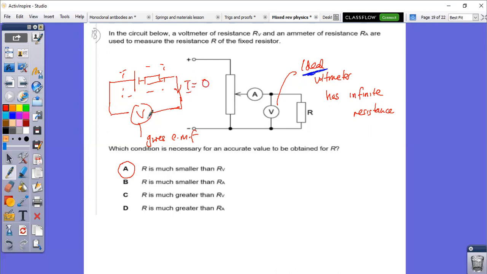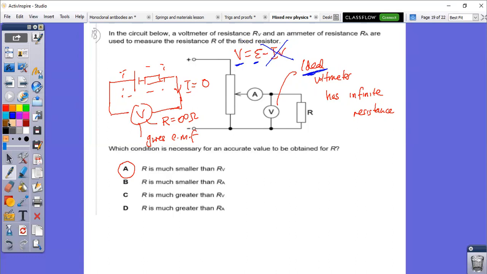I equals 0 because the resistance of this is infinite ohms. When you've got infinite resistance, no current can pass through. And if we use our equation, V equals E minus IR, this value disappears because current is 0. So V equals E. So an ideal voltmeter has infinite resistance. Are you following so far?